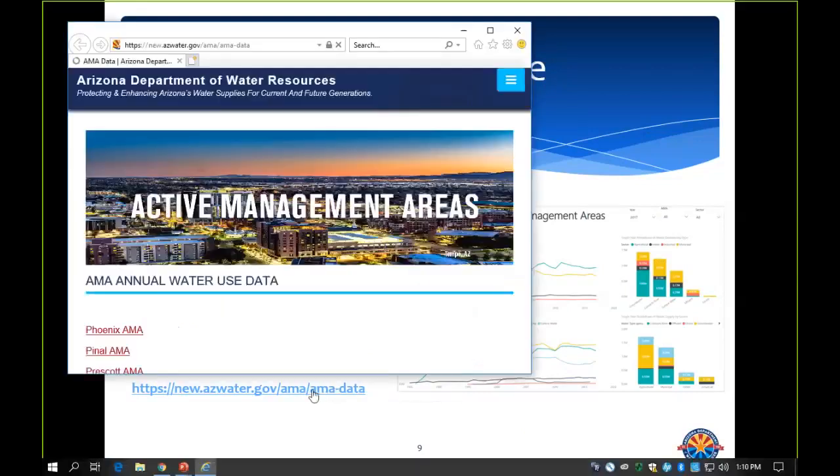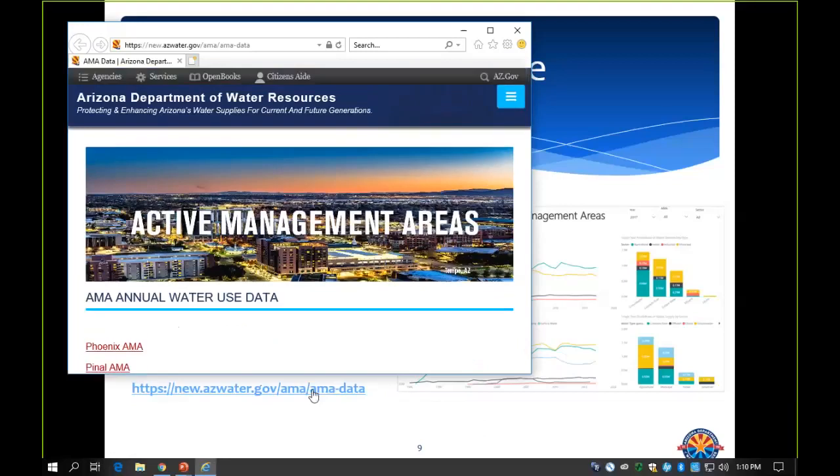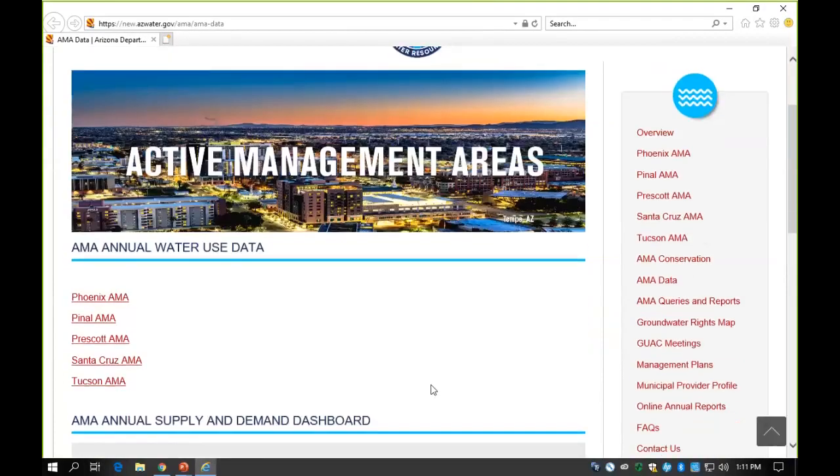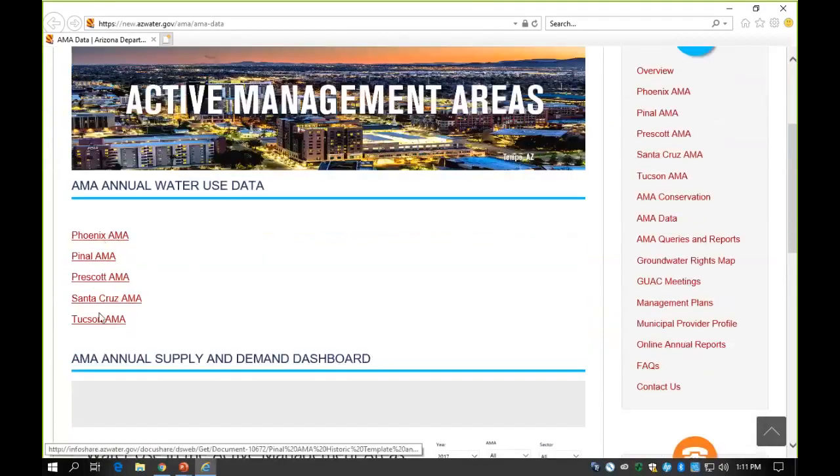It started out as a place to post a few spreadsheets, a data summary for each active management area. And we have since expanded it, so you can see here we have links to each of those spreadsheets, one for each active management area.